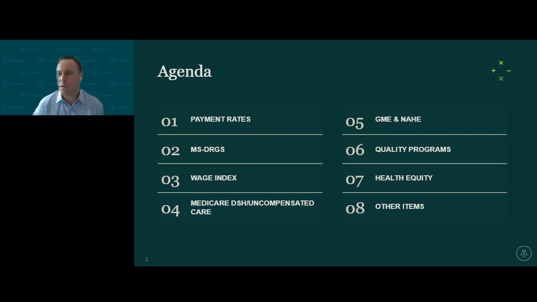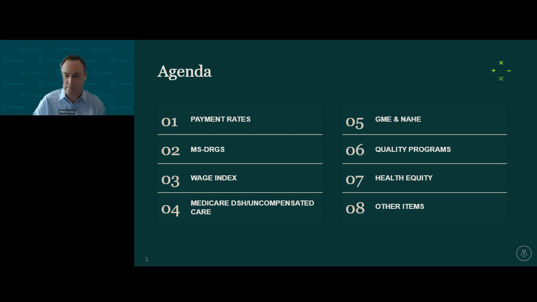We'll talk briefly about the changes to GME and the Nursing Allied Health Program, spend some time talking about quality programs and the health equity issues that we're seeing throughout these items, and then we'll have some housekeeping at the end. So I'm going to go ahead and get us started.